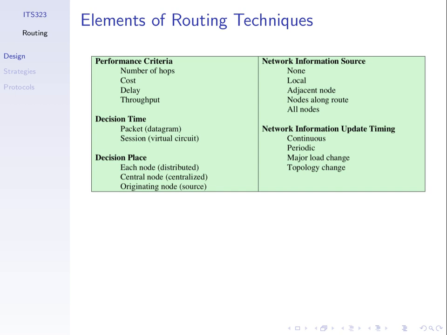It knows there's a link from node 1 to node 2, and the cost of that link is, in this example, 2 units. And there's a link from node 2 to node 1, and the cost of that is 3 units. And other links, that is, these are the 4 links. So we'd say that the information that node 1 knows about these 6 links is local information to node 1.